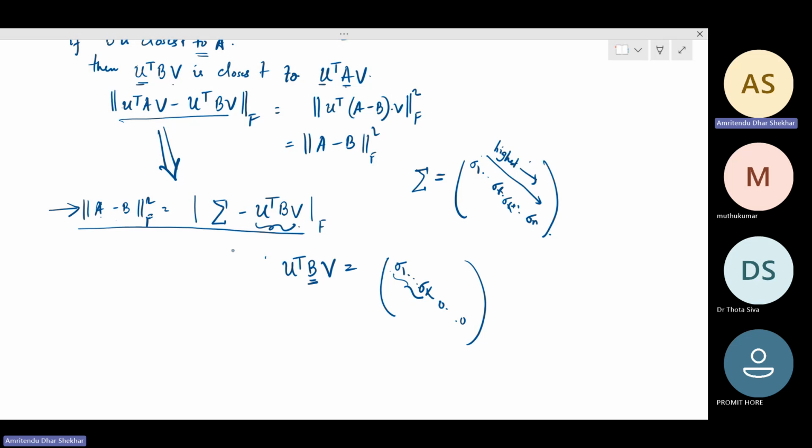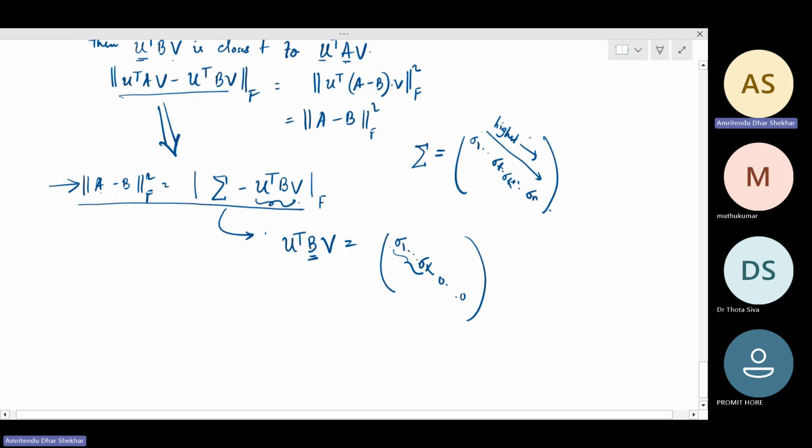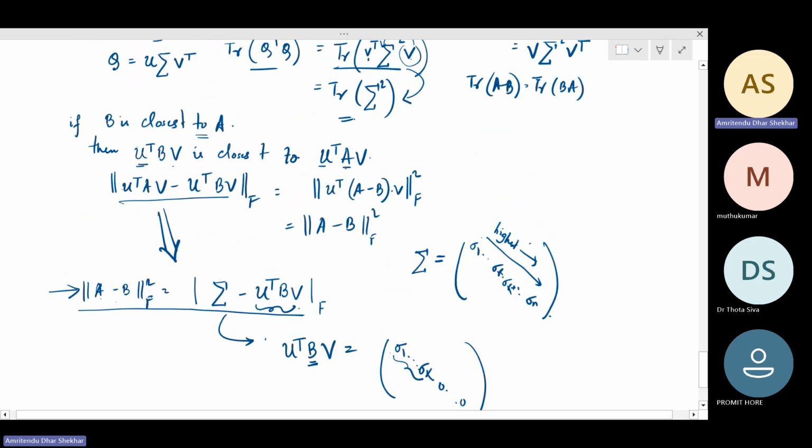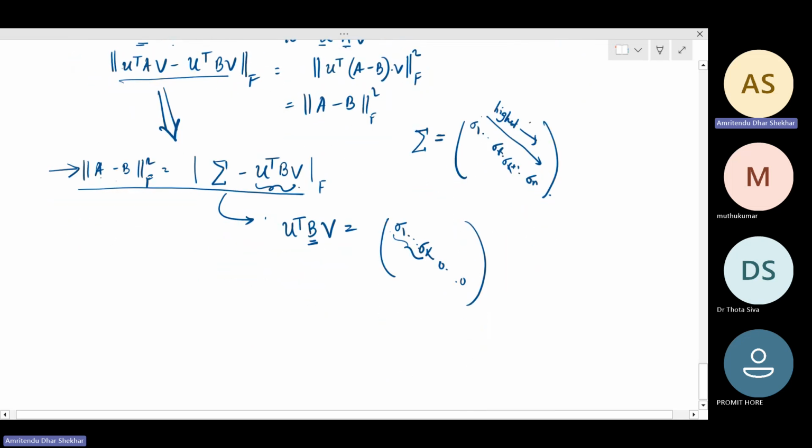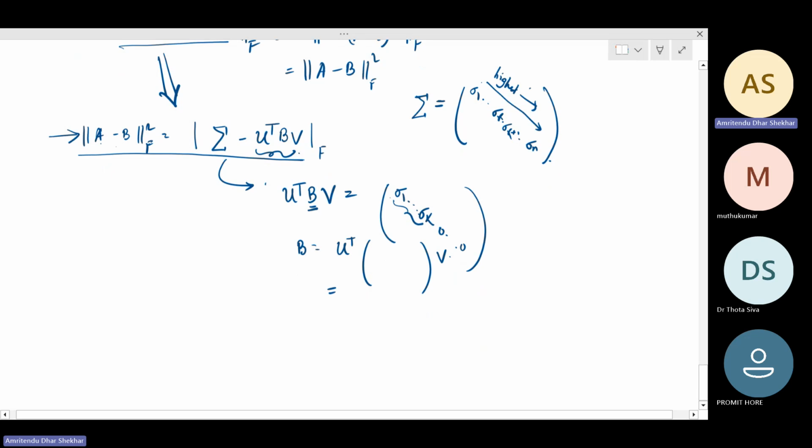There are a few steps in getting from here to here, but you can look at the notes. I'm not going to prove that in detail; it's not needed. So in other words, the way you get this low rank approximation is: let me write down the steps clearly.